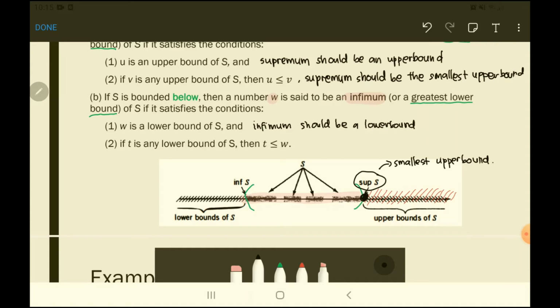Then, if it is a lower bound, it is an infimum if for any lower bound of S, let's say t is any lower bound, then w is greater than or equal to t. That means w will be the greatest lower bound. So the infimum should be the greatest lower bound.